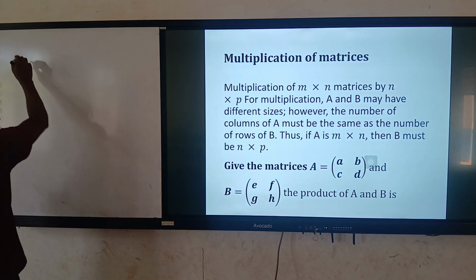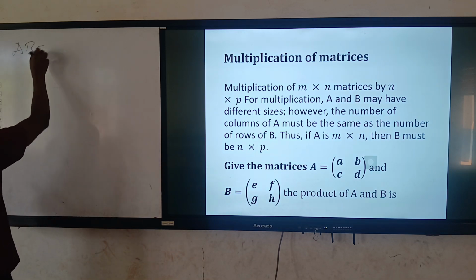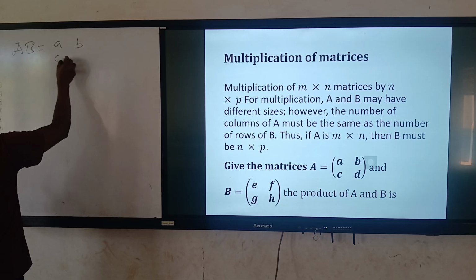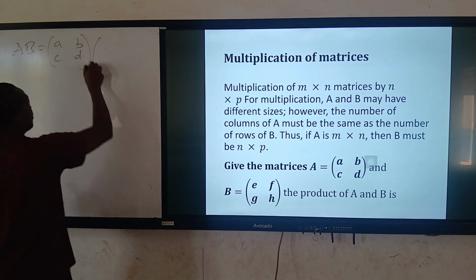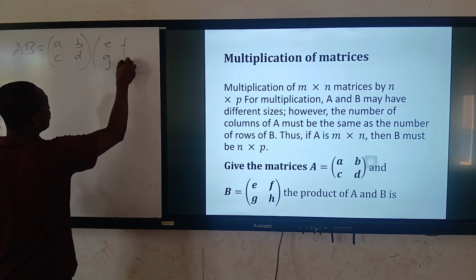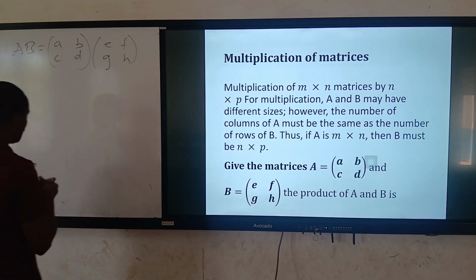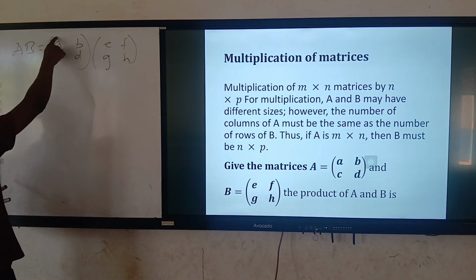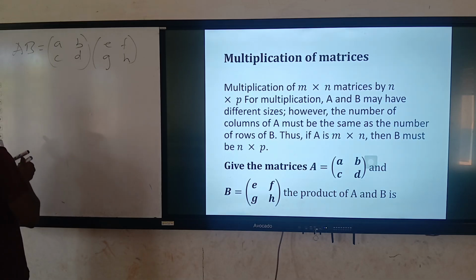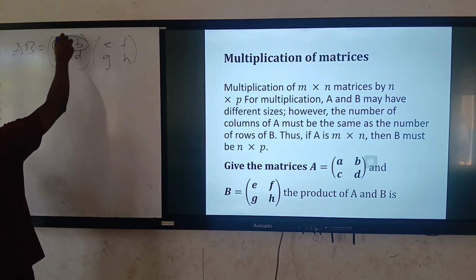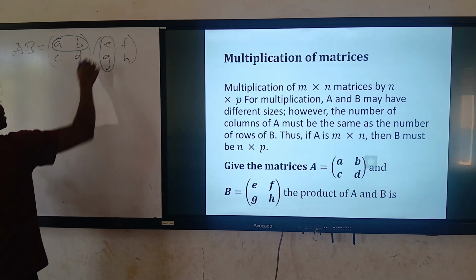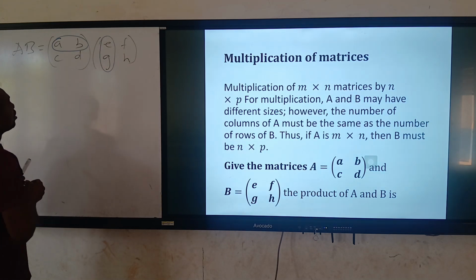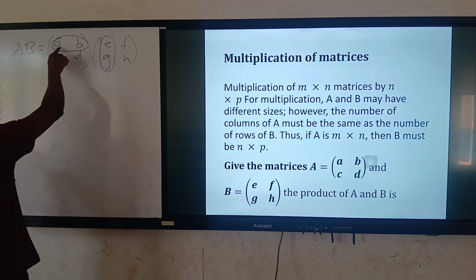So AB will be equal to A, B, C, D times E, F, G, H. Now the next thing I'm going to do is take the row of the first matrix, so I'm going to take this row, then multiply it by the column of the second matrix, by multiplying the corresponding elements here.